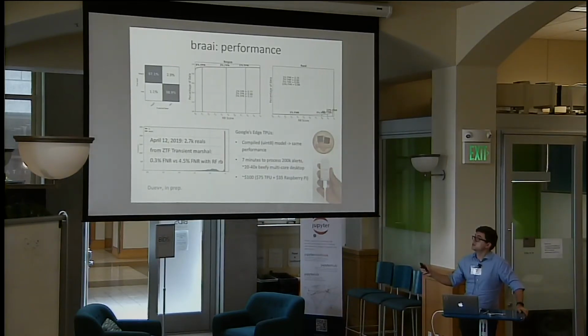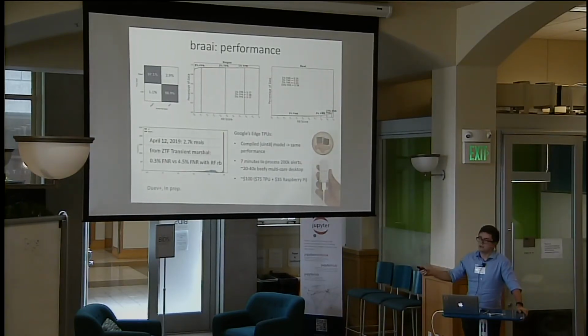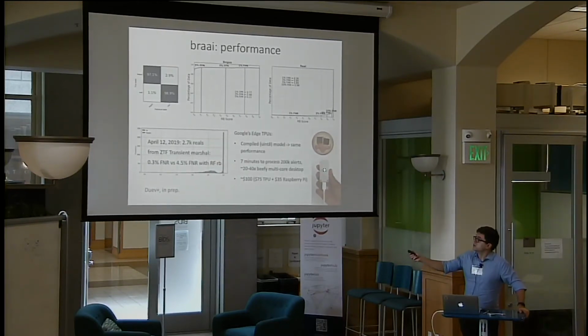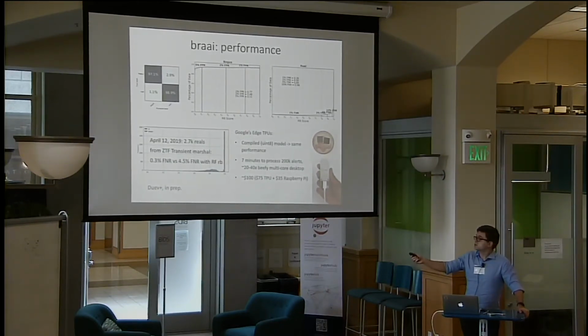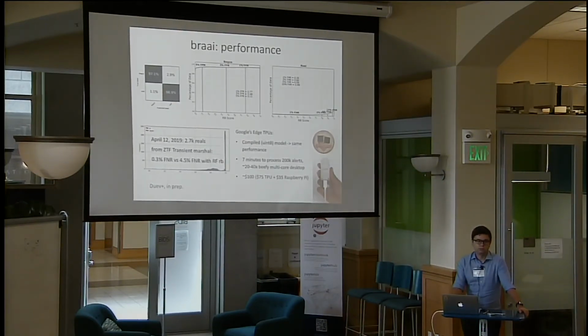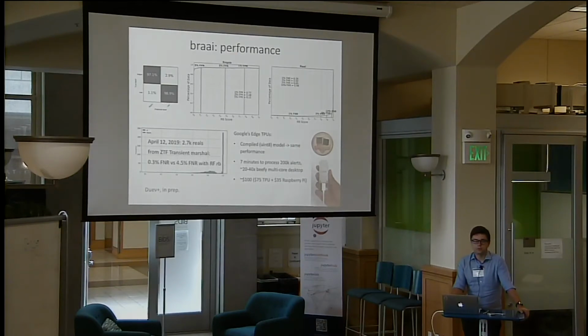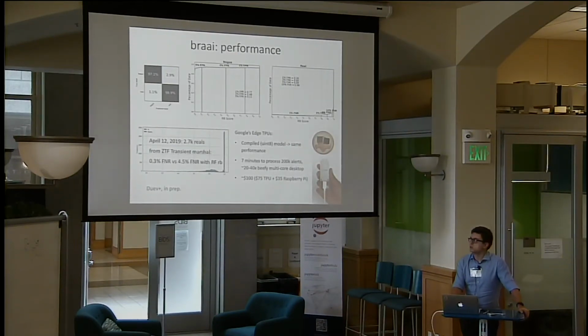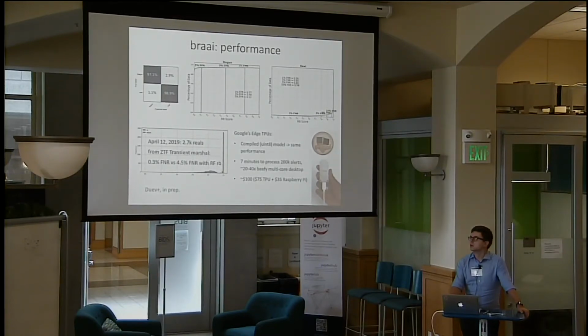So basically you get the same performance, and it takes something like 7 to 10 minutes to process the full night's worth of ZTF alerts on this device plugged into a $35 Raspberry Pi. Which means that we can do LSST scale alert stream processing in real time.